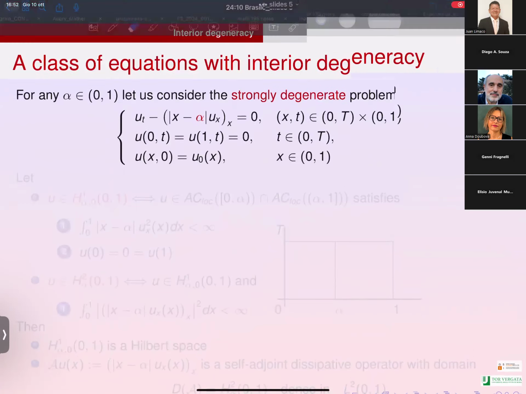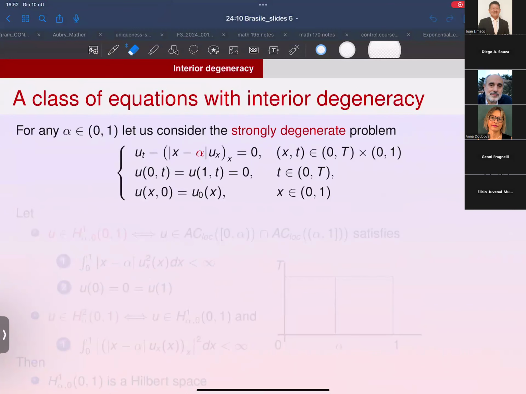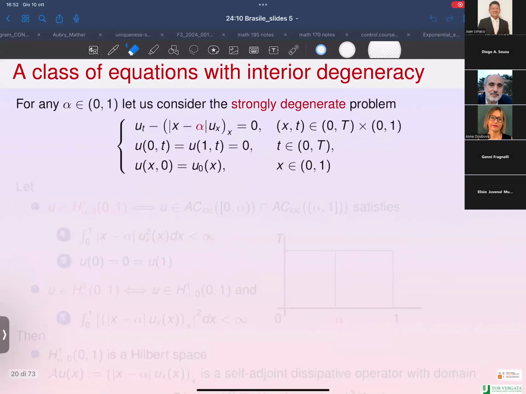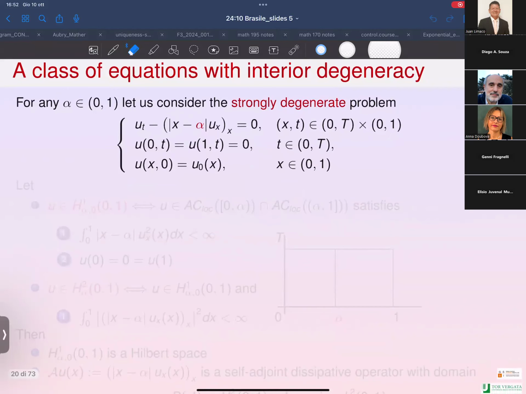Now that we have understood how the theory goes for boundary degenerate equations, let's see what we can do in the interior degenerate case. So here we have our equation, and I'm taking just the one I want to study.